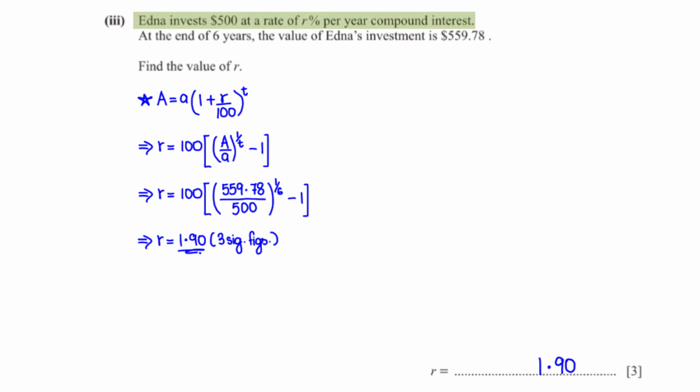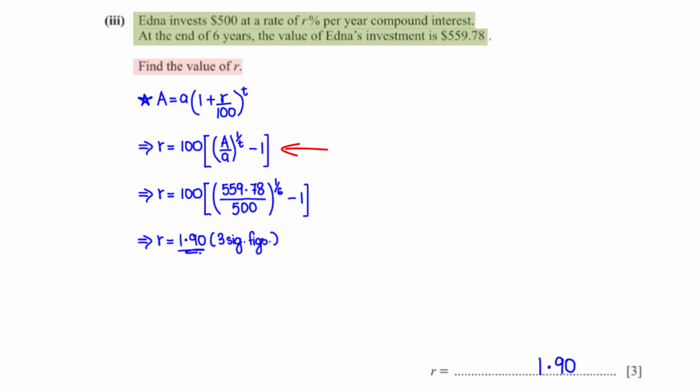Edna invests $500 at a rate of R% per year compound interest. At the end of 6 years, the value of Edna's investment is $559.78. Find the value of R. We are dealing with a compound interest scenario in this case as well, but this time around we need to find R. When we make R the subject of the equation, this is what we get.